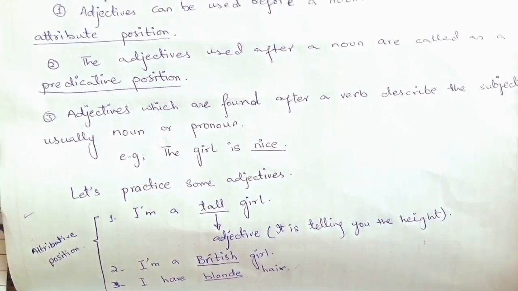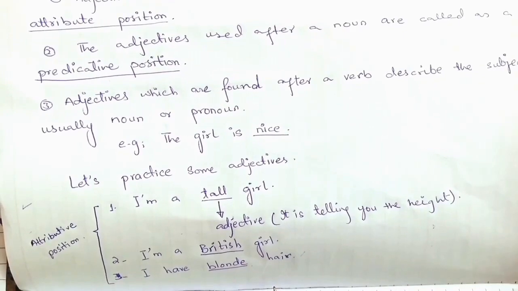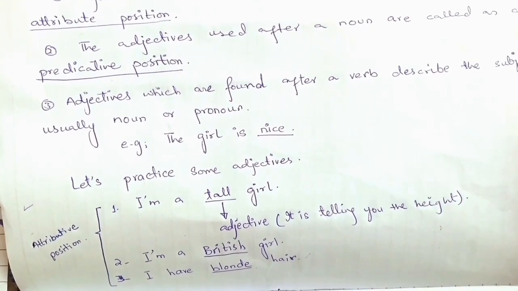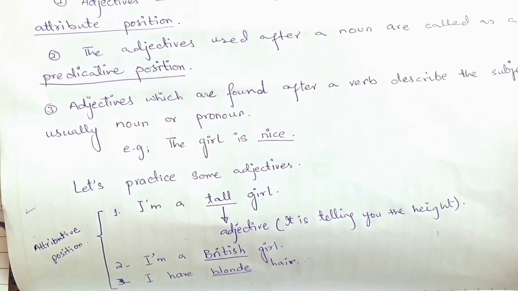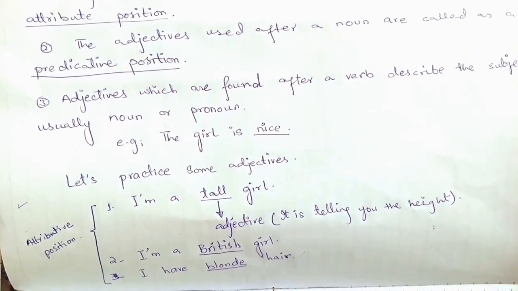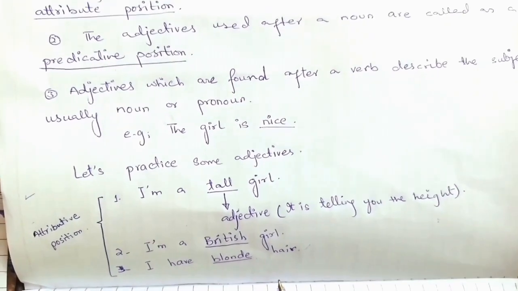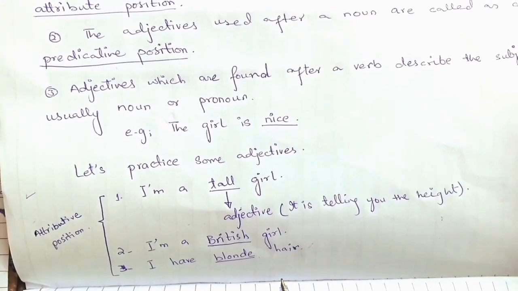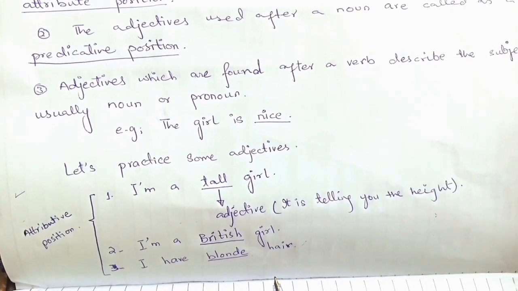And what did you learn about the girl? That she is tall. So over here in this sentence, tall is an adjective because it is telling you the height of a girl, right? So in this sentence, the adjective is present before a noun.